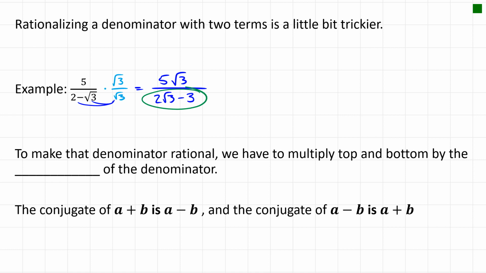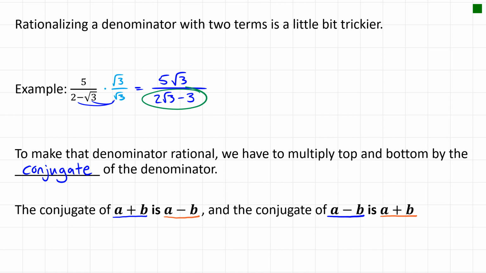So with two terms, to make a denominator rational, we have to multiply the top and bottom by the conjugate of the denominator. Now the conjugate of a plus b is a minus b, and the conjugate of a minus b is a plus b.